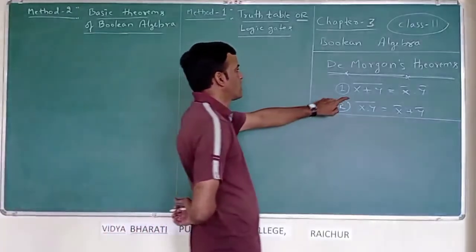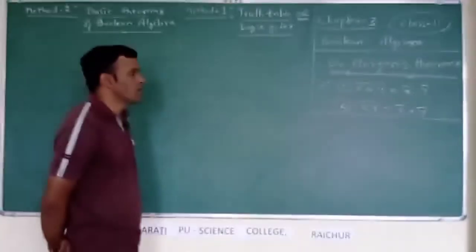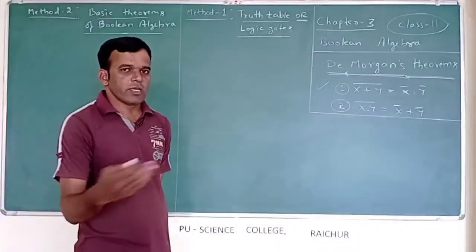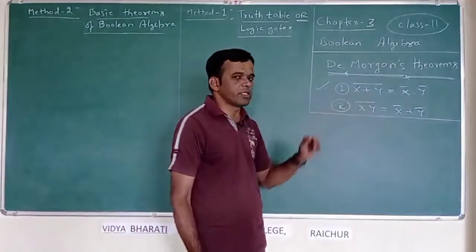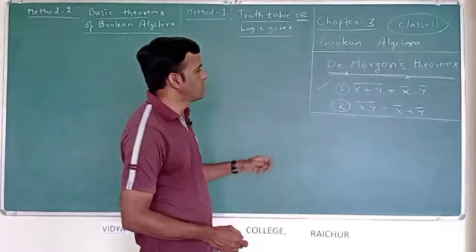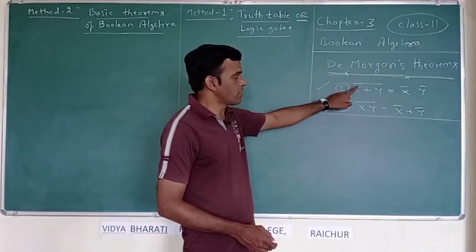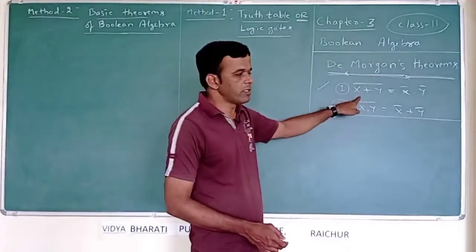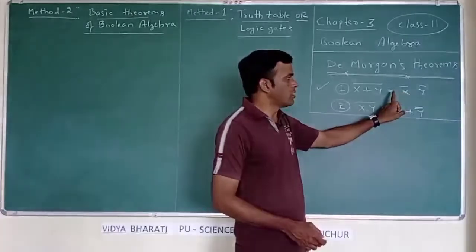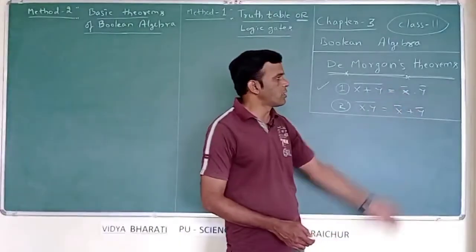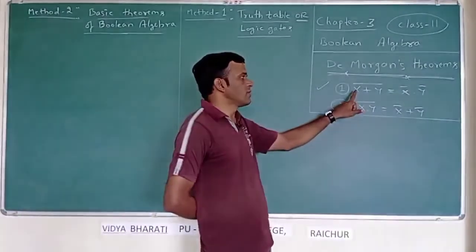First we will consider x plus y whole bar equals x bar into y bar. Alternatively, we can give a statement instead of writing this expression. The statement is that the complement of the sum of two variables equals the product of the individually complemented variables.